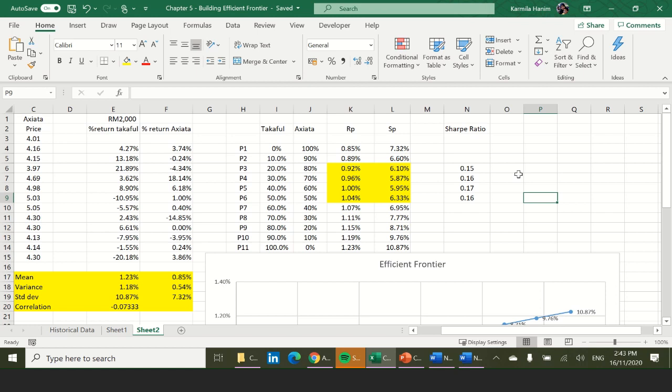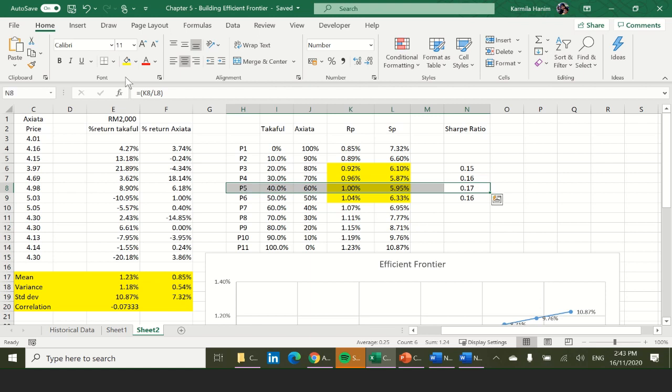So a portfolio with the highest value of Sharpe ratio is basically preferable, right? Because it indicates the highest average return earned per unit of volatility or total risk compared to other portfolios. So in this case, the highest Sharpe ratio is portfolio 5, okay, with 0.17 return with 1 unit of risk.